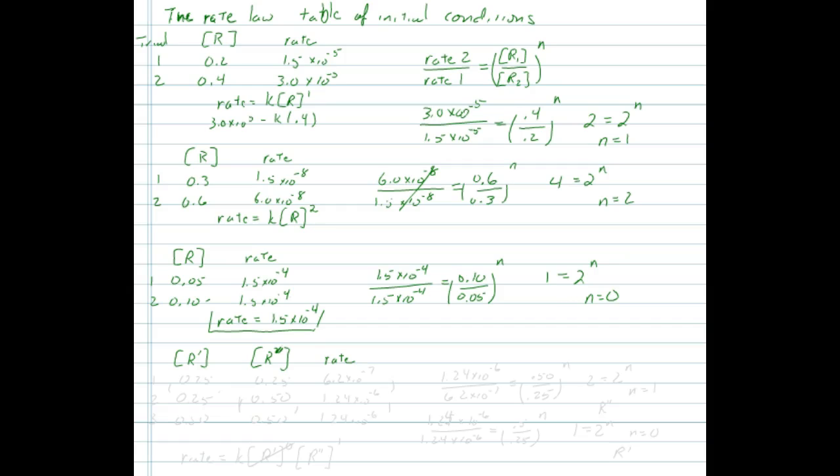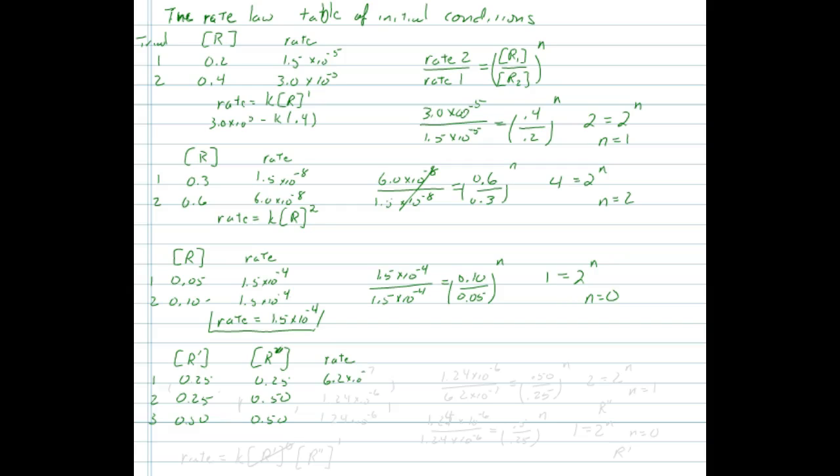So you need 3 trials: 0.25, 0.25, 0.50, 0.25, 0.50, 0.50. These are given to you or you find them out experimentally.